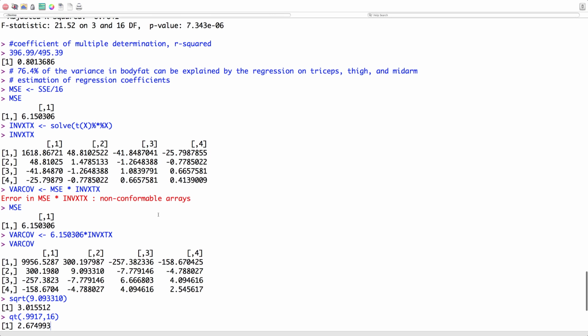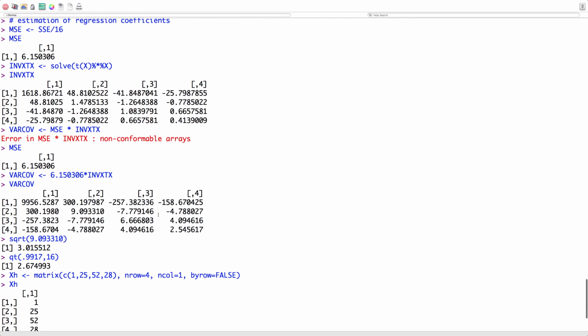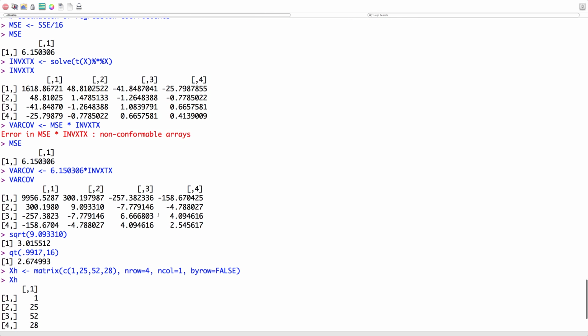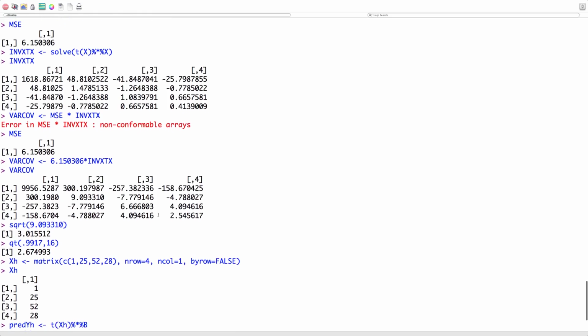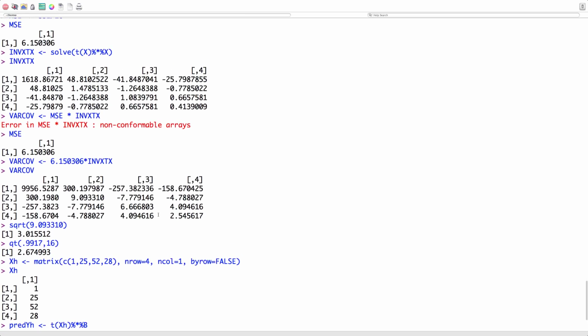So guys, what I did first of all is I wanted to create the x sub h matrix, and this is the way I did that. I used the C command to bind the numbers in the matrix. You guys are old pros now at creating matrices in R, so that should be pretty clear. The next thing I did is I created the predicted y sub h, and I called that PREDYH.